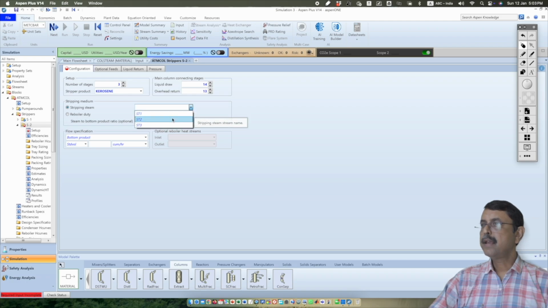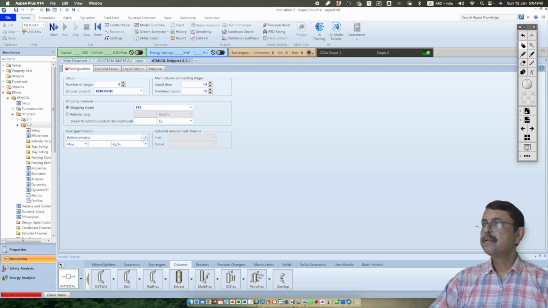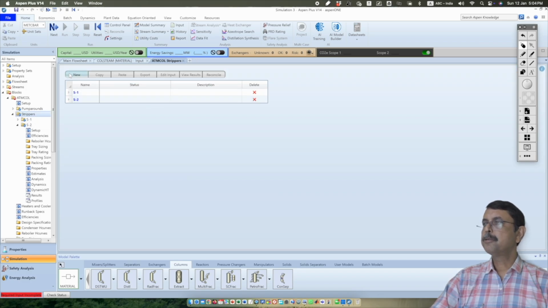Stripping steam is ST2, and the bottom product is 34,300. So that's how we enter the second stripper.